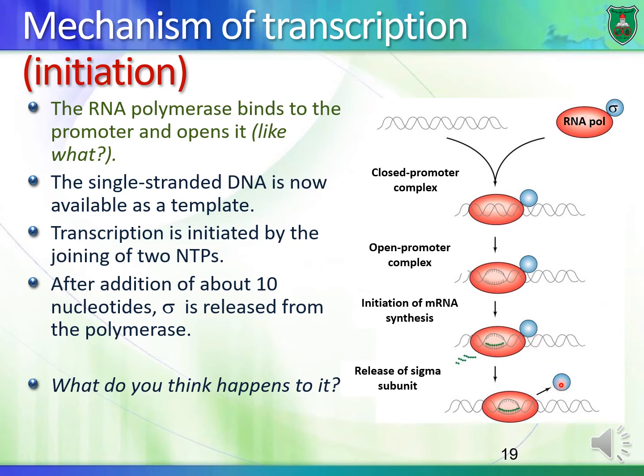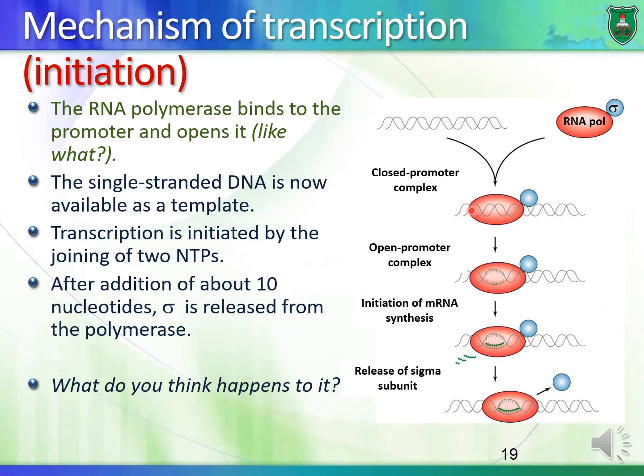That's it. Its role is done. Once it dissociates, it can go and associate with another RNA polymerase, guiding it to start synthesis of that gene or any other gene. It doesn't matter.